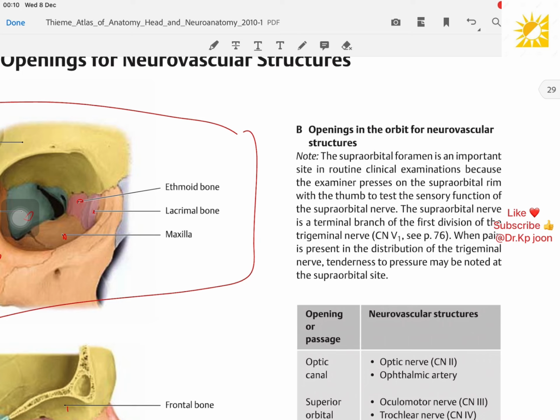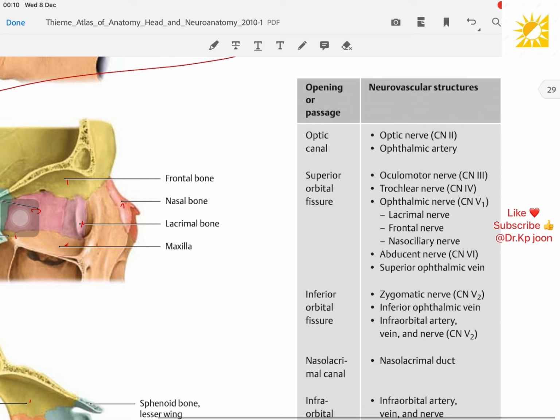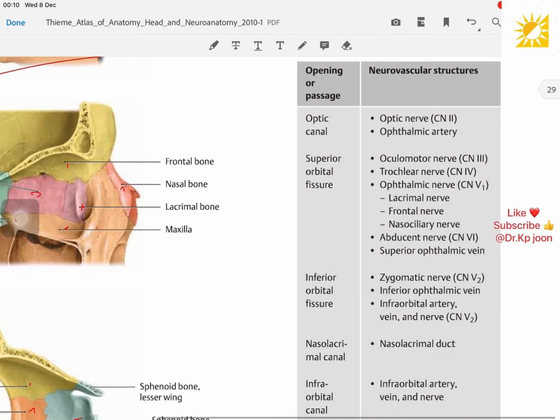The supraorbital nerve is a terminal branch of the first division of the trigeminal nerve. So when pain is present in the distribution of the trigeminal nerve, tenderness to pressure may be noted at the supraorbital site.